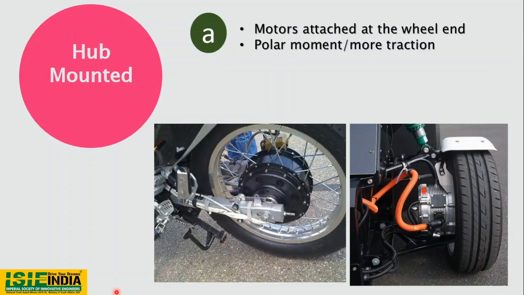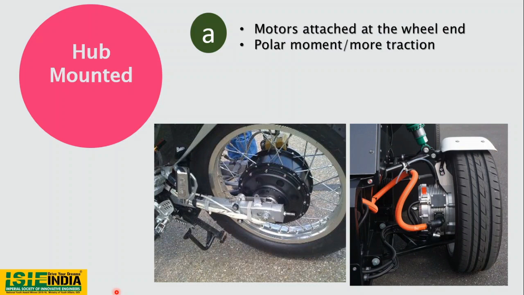Last but not the least is the hub mounted tires, or the assembly cars. The best thing about this is that the power is directly transferred to the wheels, and there is better weight distribution, so you can lower the CG and the polar moment, so that's going to give better traction control.